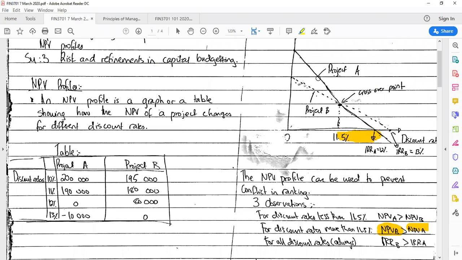So you see, using less than 11.5, we're getting a different answer. We get A being higher than B. Using more than 11.5, we're getting B being higher than A, right?